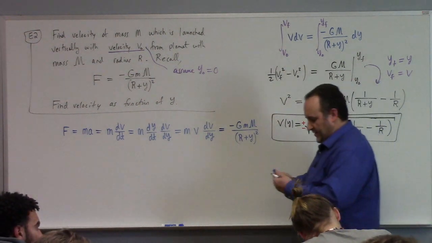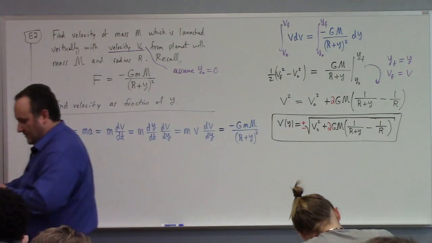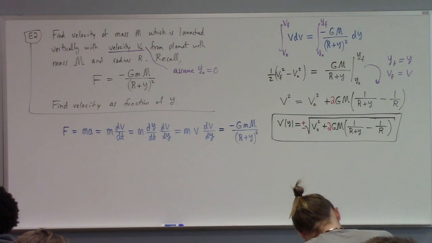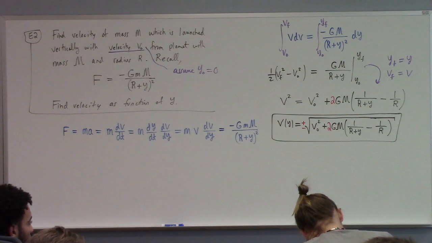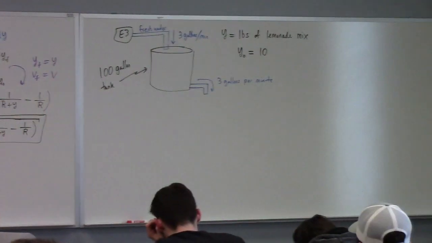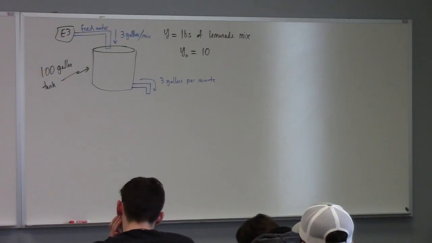What's the other stipulation here? The tank is well mixed. You can imagine there's a big paddle in there mixing it. So the assumption is that the lemonade mix is uniformly mixed throughout the tank as we go on.